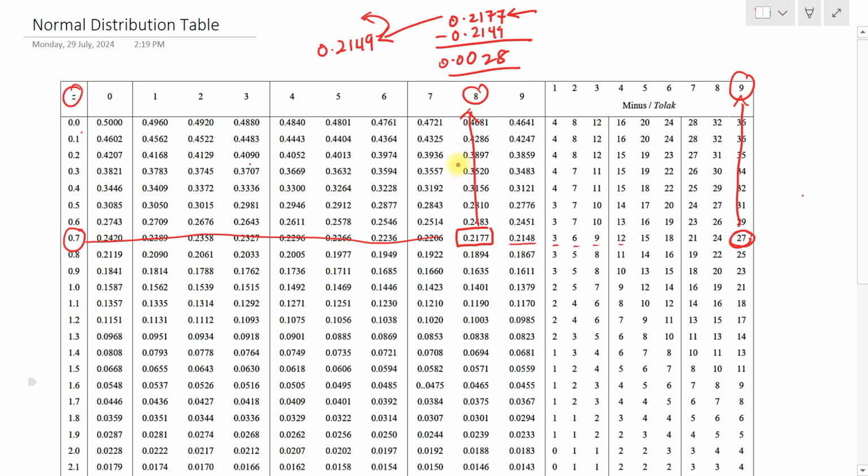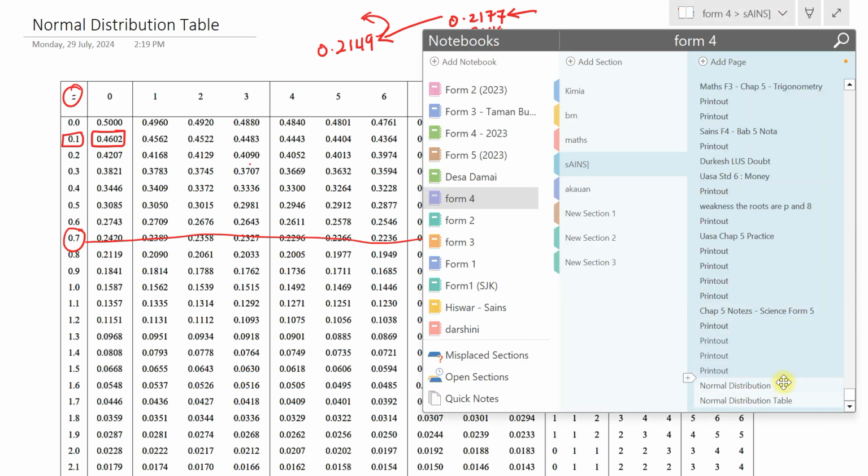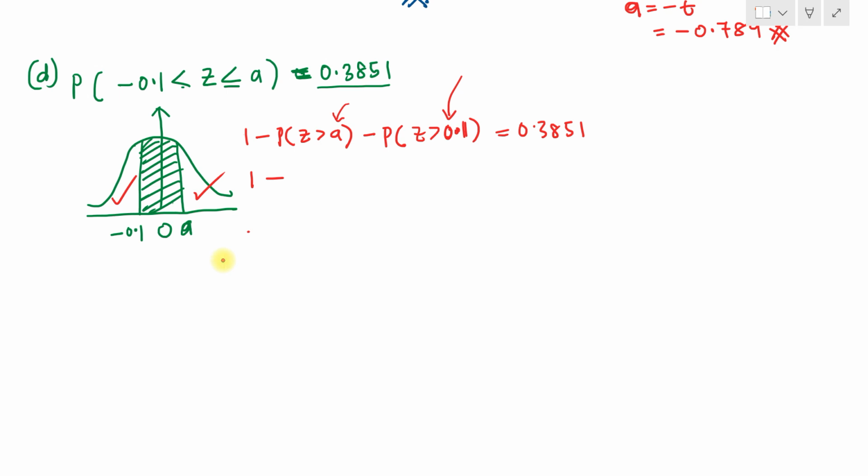Z here, 0.1 here. So, 0.4602. Nampak? 0.4602. And then, bring here and exchange with this. Minus 0.3851.